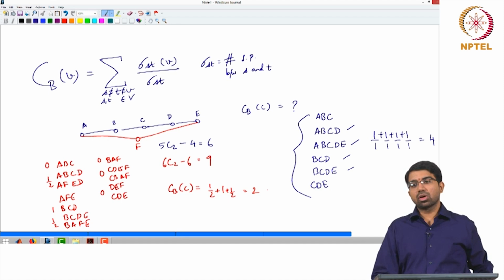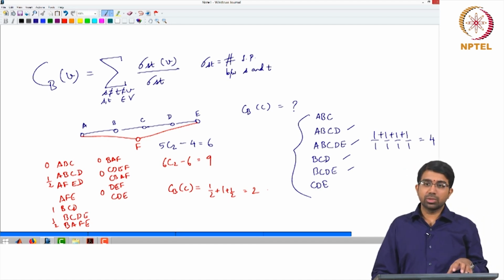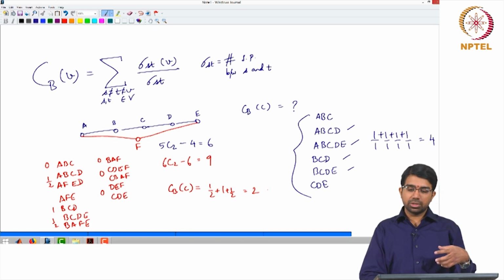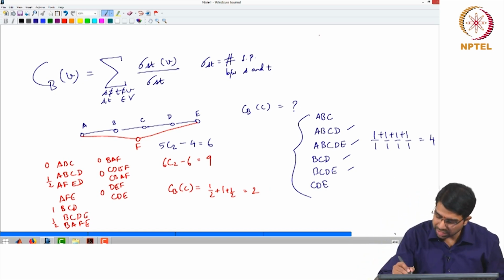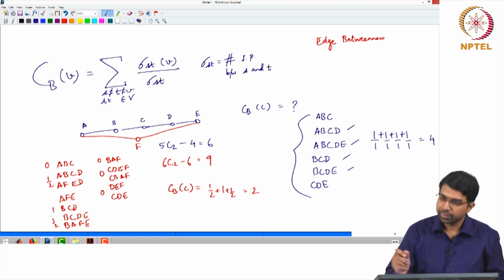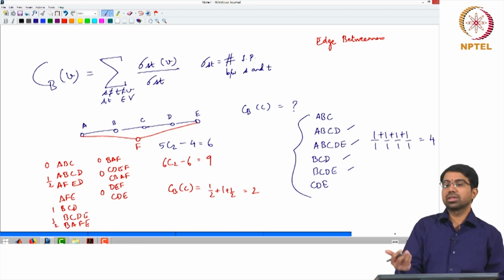So how would you extend this concept to edges? This essentially computes the betweenness of a given node in a network, right. You can extend the identical concept to edges, which is edge betweenness. How many times does an edge occur between other nodes, right?